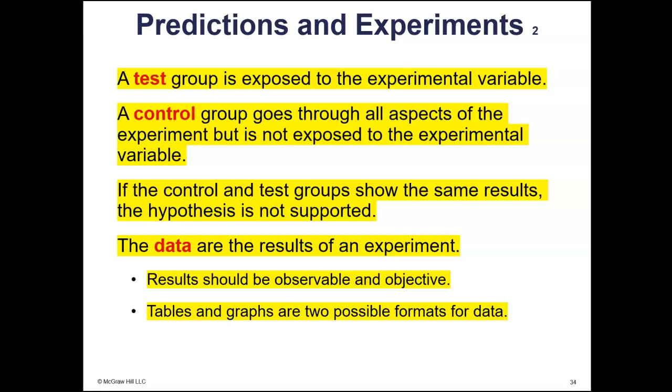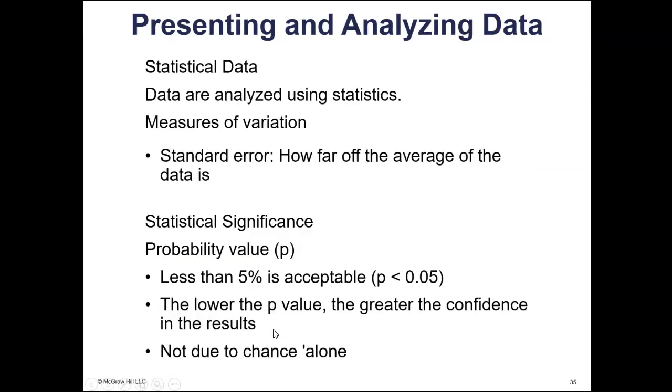If you get the same results for your control and test groups, then your hypothesis is not supported. The data is defined as the results of the experiment. The results should be observable and objective, not biased. You use tables and graphs to present your data.